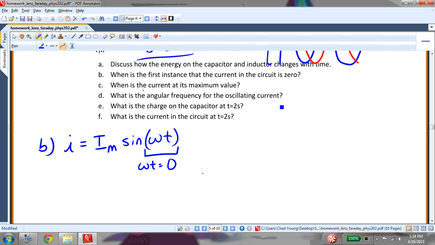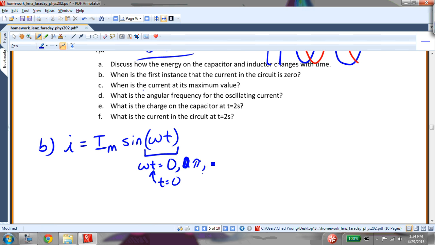And we can find that time. Actually, that time is easy, right? Because the first instance just occurs when t equals 0, and that's when the current equals 0. The next instant when the current is equal to 0 occurs when omega t is equal to what? Not 2 pi, pi.